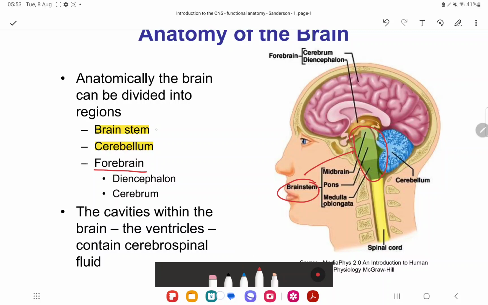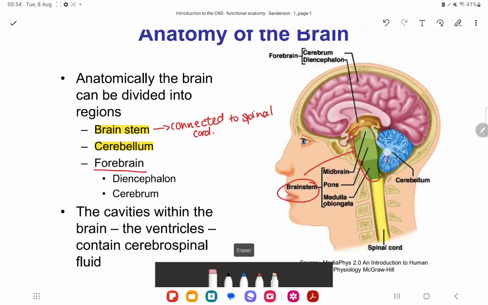So I'm going to write over here: brainstem, connected to spinal cord. And then moving on, next is the cerebellum. How you can identify the cerebellum is that this structure is behind the brainstem.